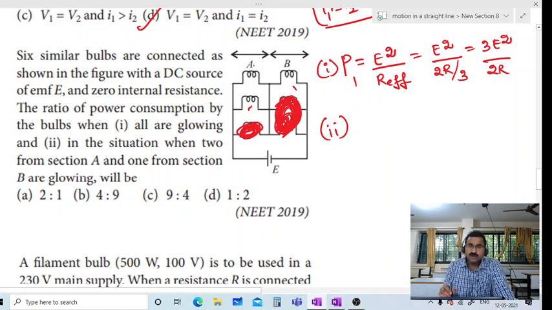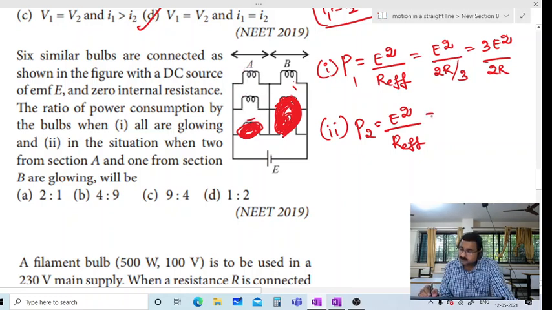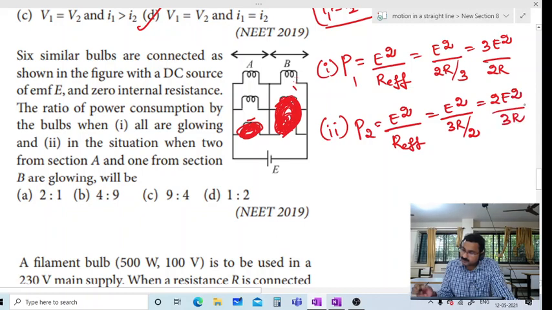Now these two are in parallel, which gives R by 2, and with this one it is in series. In the second case, E square divided by R effective. The total becomes R by 2 plus R, that is 3R by 2. E square divided by 3R by 2 is 2E square divided by 3R.